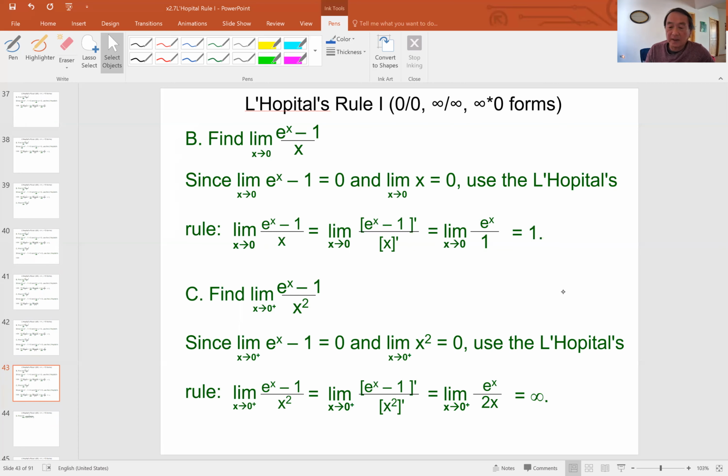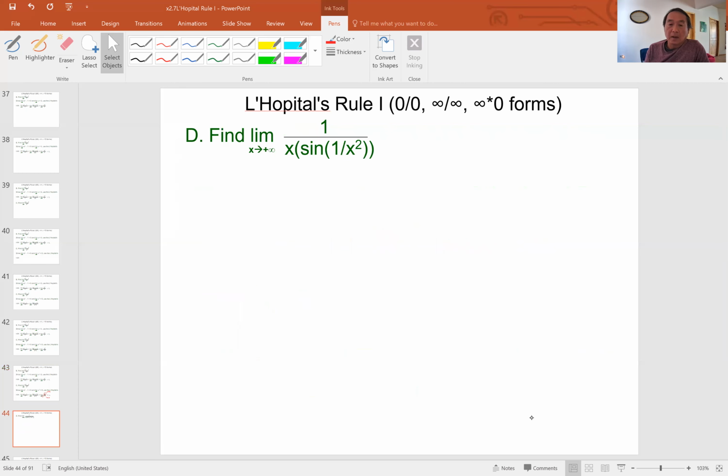So on the positive side, the limit goes to positive infinity, because the top, e to the x, as x goes to 0 plus, gets closer and closer to 1, and the bottom gets closer and closer to 0. How about something like that?